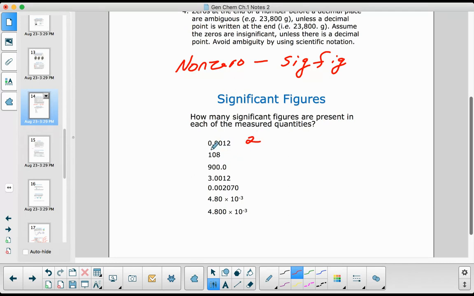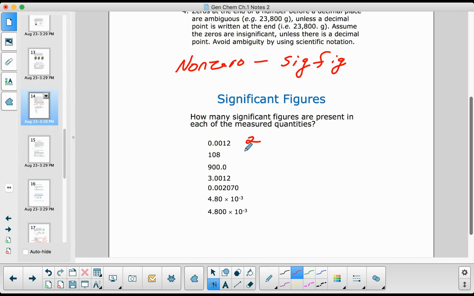Now you don't want to get rid of those zeros. It doesn't mean you can get rid of those zeros. It just means that when I'm doing a mathematical operation later, I'm going to consider this to be 2 sig figs. Now I go to this, 1, 0, 8. 2 non-zero digits, the 1 and the 8, are both significant. The 0 in between is also significant.